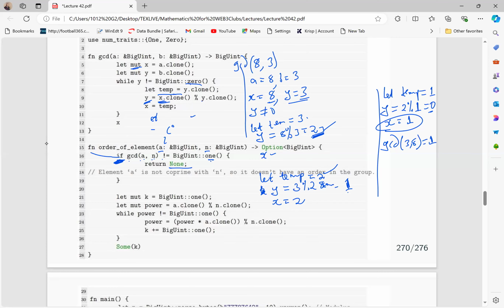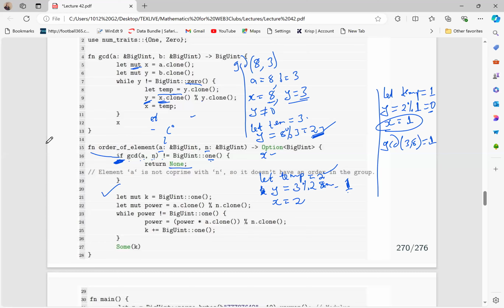That means that this element has no order. Now, if this is not the case, where the GCD is 1, it comes here, and we repeat the process we did earlier.